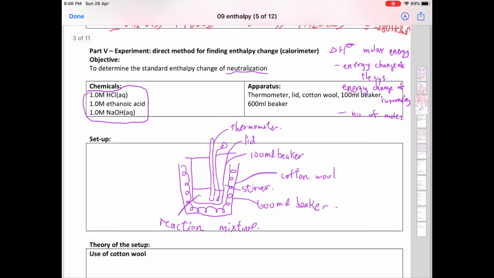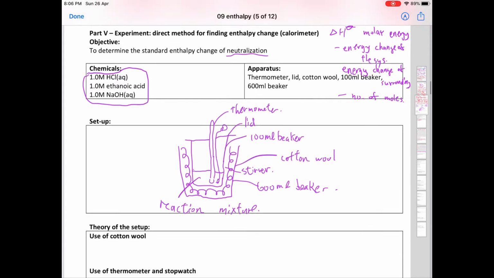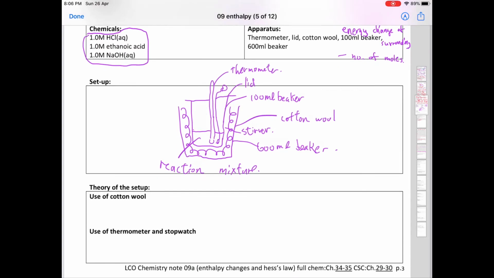There are several things we need to know about their functions. What are the uses of the cotton wool and also the lid? Of course, the cotton wool can trap air, which is a good insulator of heat, so it can help prevent heat loss to the surroundings, and this is also the function of the lid.